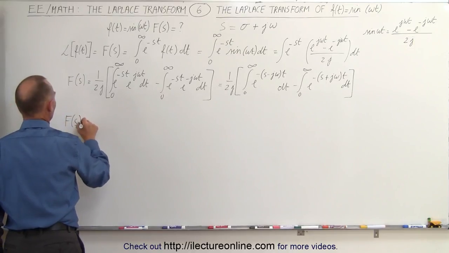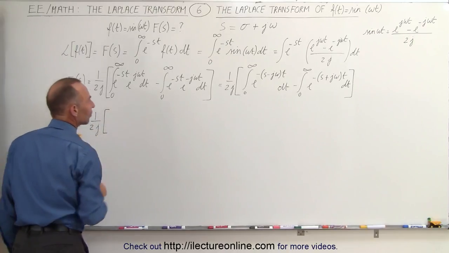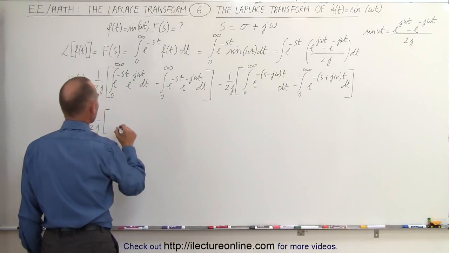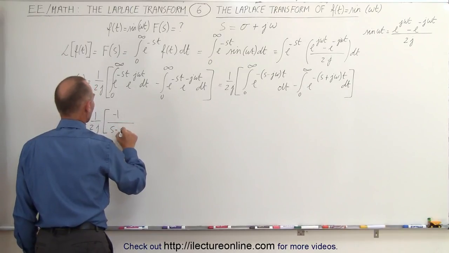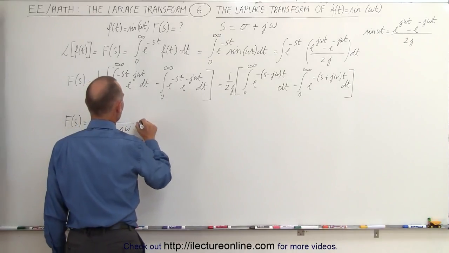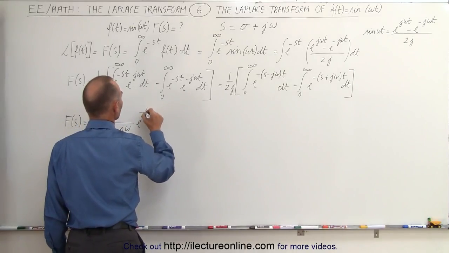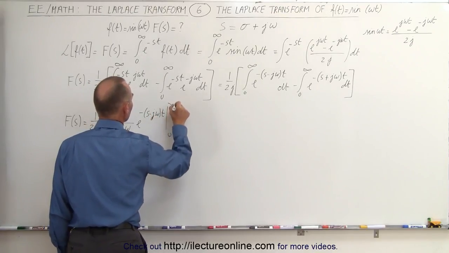F of s is equal to 1 over 2j times the first integral, which will be minus 1 over s minus j omega times e to the minus quantity s minus j omega times t evaluated from 0 to infinity.